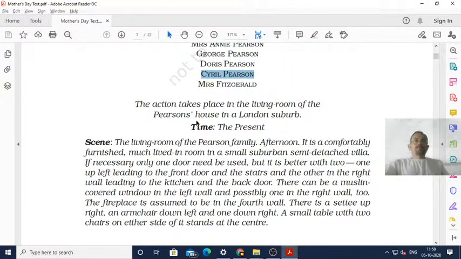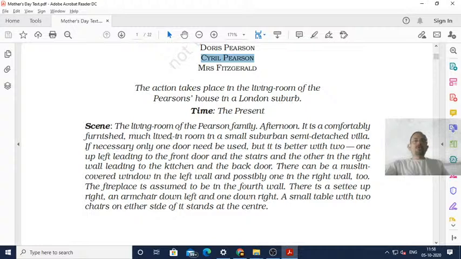So the scene is in the living room of the Pearson family, afternoon. It's a comfortably furnished, much lived in room in a small suburban semi-detached villa. If necessary, only one door need be used, but it is better with two, one up left leading to the front door and the stairs, and the other in the right wall leading to the kitchen and the back door.